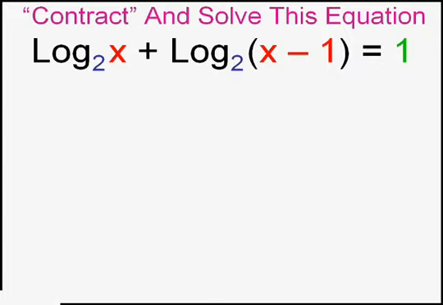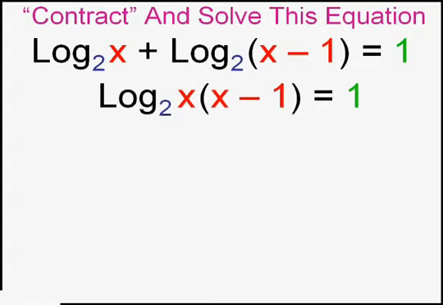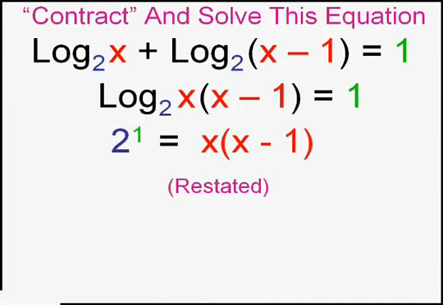So let's do that. I condense addition into multiplication, and now I have one logarithm. Hopefully you see the need for that. And I can now change it using the old switcheroo: 2 to the 1st, the base of 2 and the exponent or logarithm of 1, equals the number or expression x times quantity x minus 1. Well, now I can solve it.